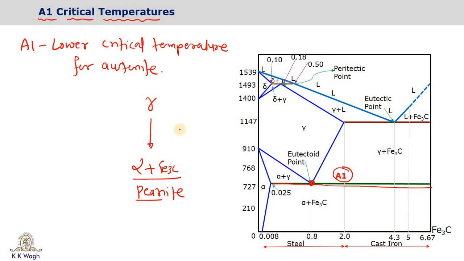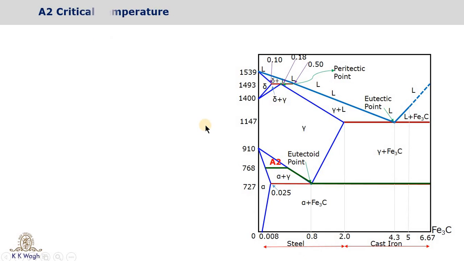So A1 temperature is the lowest temperature. This 727 is the lowest temperature at which, or above which, the austenite is stable. Below A1 temperature, the austenite will become unstable, and that's why it is called the lower critical temperature for the austenite.